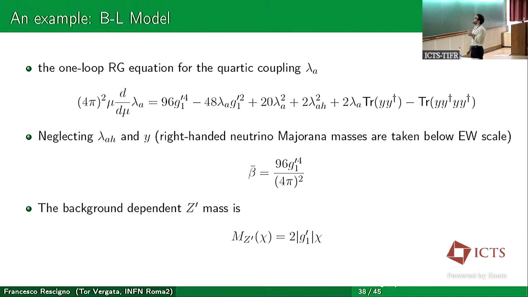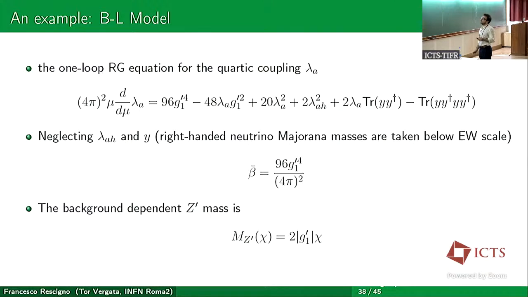Then this term here is negligible with respect to this one, since we are taking the right-handed neutrino Majorana masses below the electroweak scale, and also, to match the measured mass of the Higgs, this parameter has to be small, so we can neglect it when calculating beta bar, and beta bar has this very simple form.